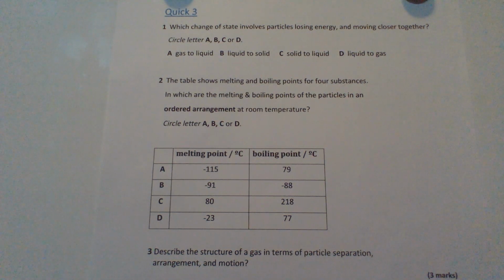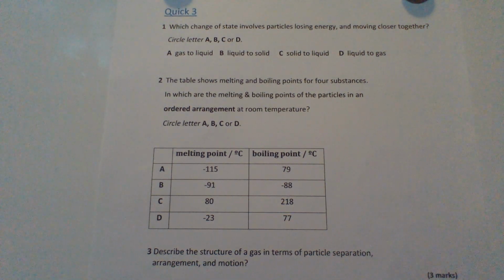And the final question, describe the structure of a gas in terms of particle separation, arrangement, and motion. So pause this video and allow yourself 3 to 4 minutes to finish off the questions. Have a go.